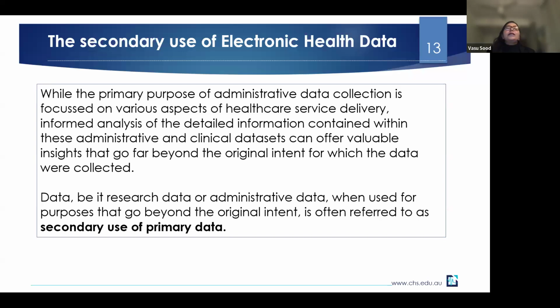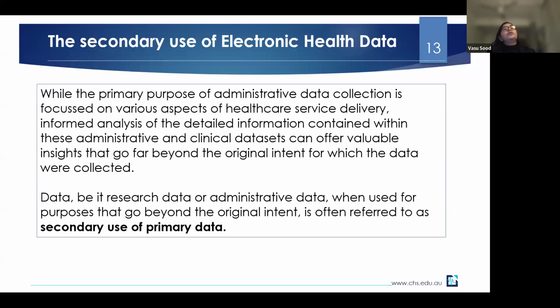They may be collecting it for billing purposes, or they may have to send a scheduling reminder, or they may have to schedule the next visit for the clinic. So that is the primary usage of the data. But based on the data which has already been collected, for example, for billing, for administrative, for scheduling purposes, or for resource management, it still has potential.